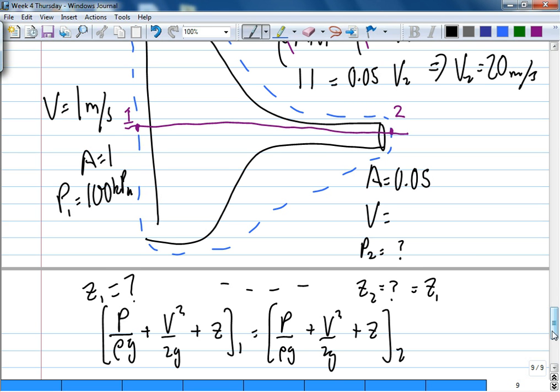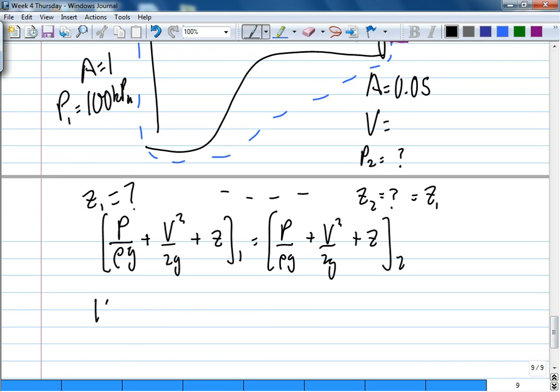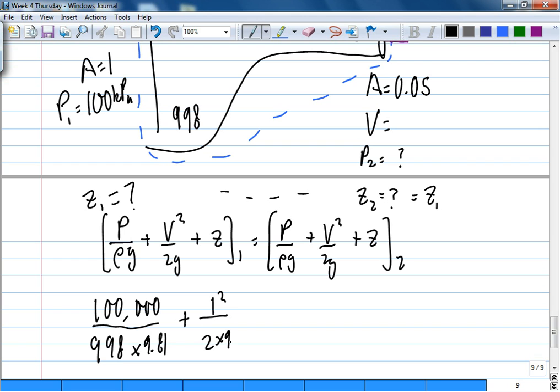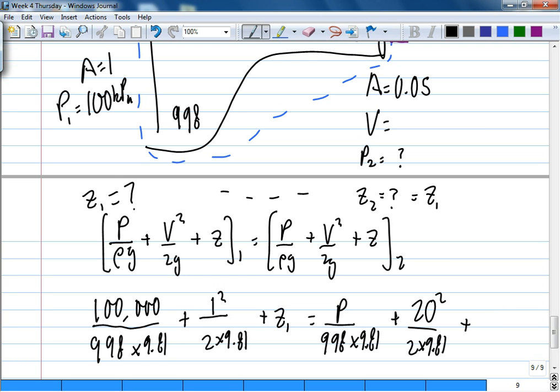Okay? So P on rho g, here we have 100 kPa, 100,000. Again, this one assume water, so it's 998 times 9.81 plus velocity squared. Velocity here is 1. 1 squared over 2 by 9.81 plus Z1 is equal to P on 998 times 9.81 plus velocity squared here, 20 squared on 2 by 9.81 plus Z2.